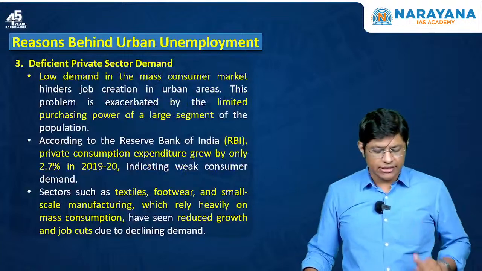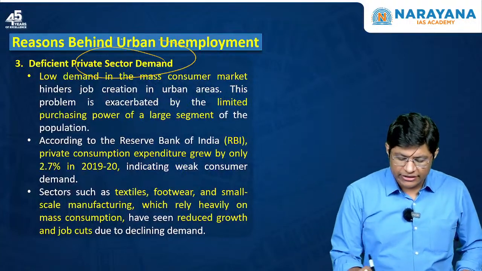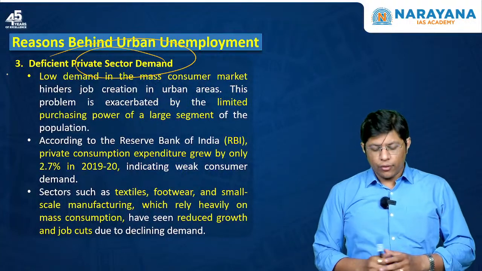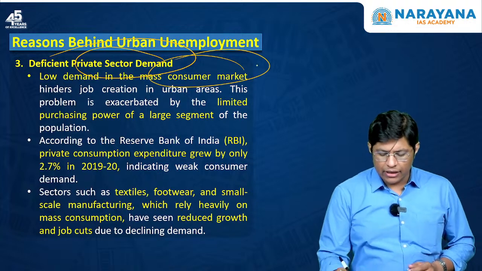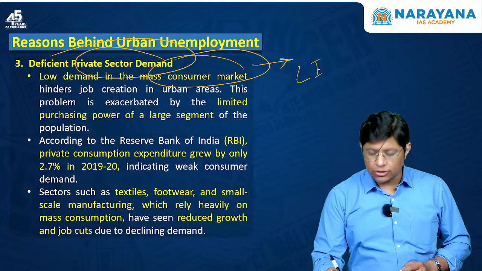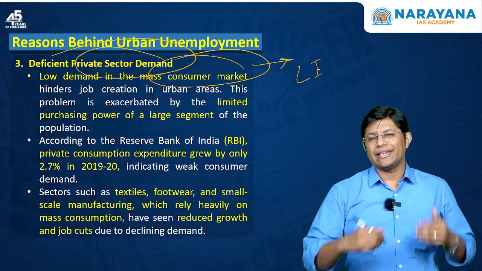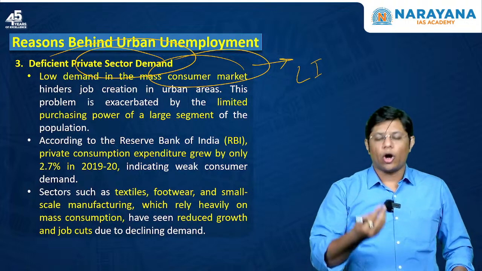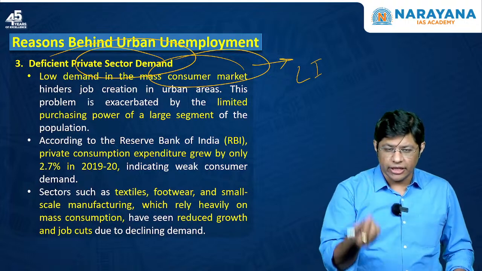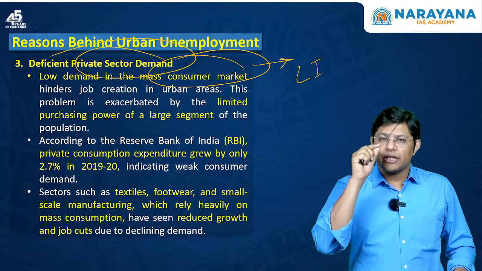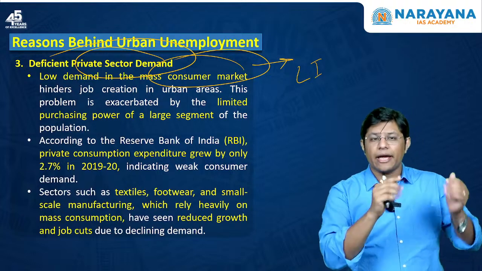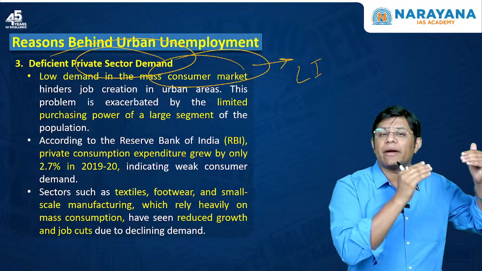The third reason is the deficient private sector demand. Now, in the mass consumer market, like the labor intensive jobs such as textiles, footwear or the small manufacturing industries, the demand has gone down. Why has the demand gone down?